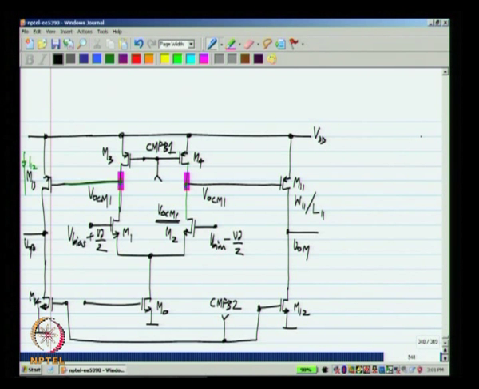Okay. Now, in the differential half circuit, what do we have? We have this point to be ground and that point to be ground, okay, and also this point to be ground.